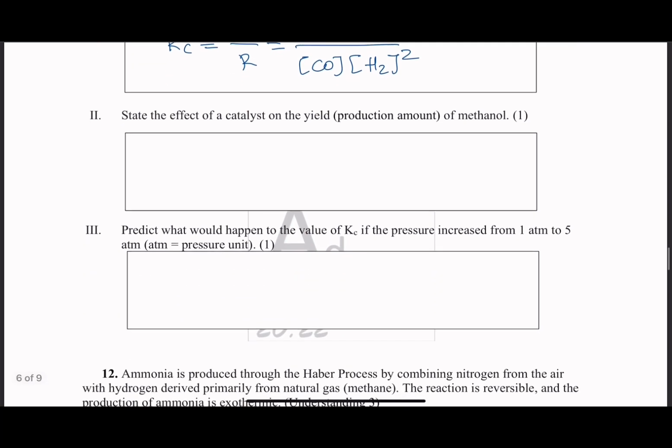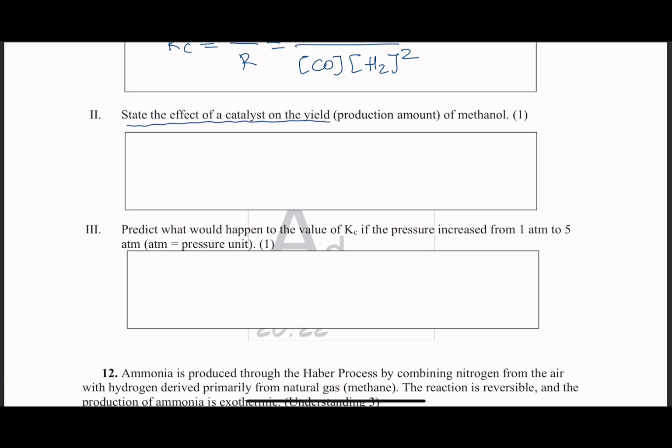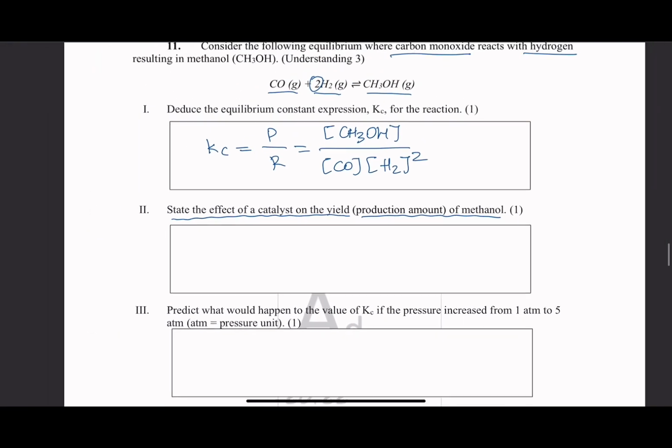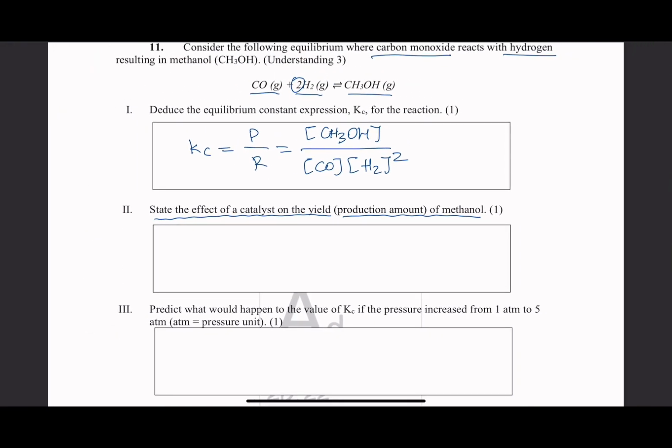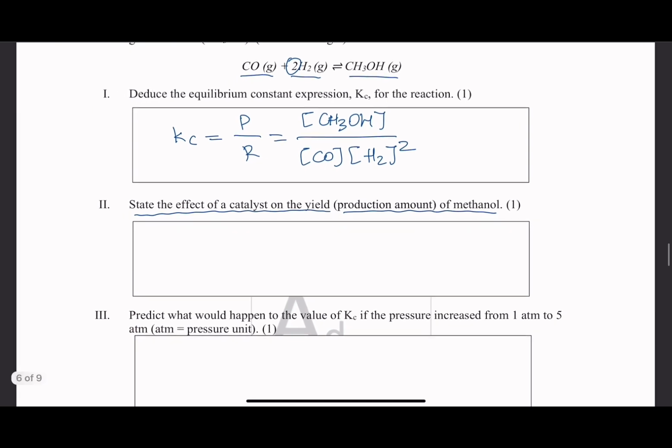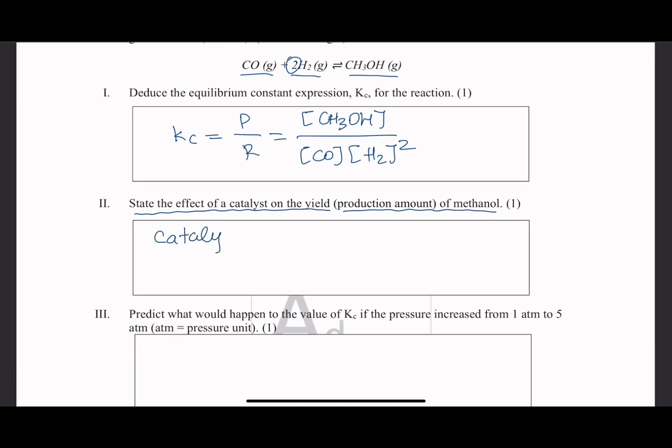Now we're talking about stating the effect of a catalyst on the yield and production amount of methanol. We talked about this in class: a catalyst won't have any effect on equilibrium.